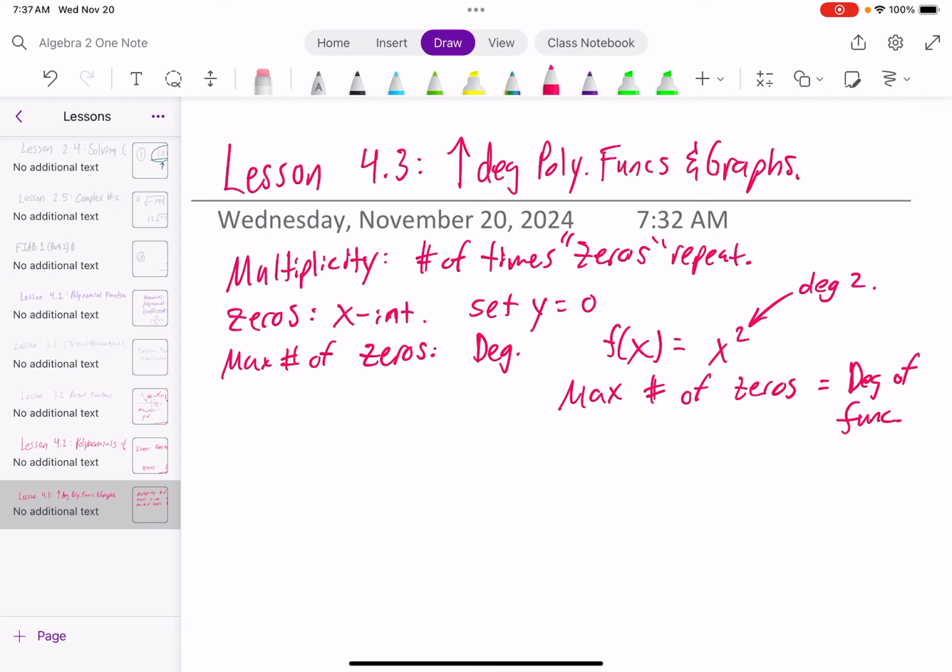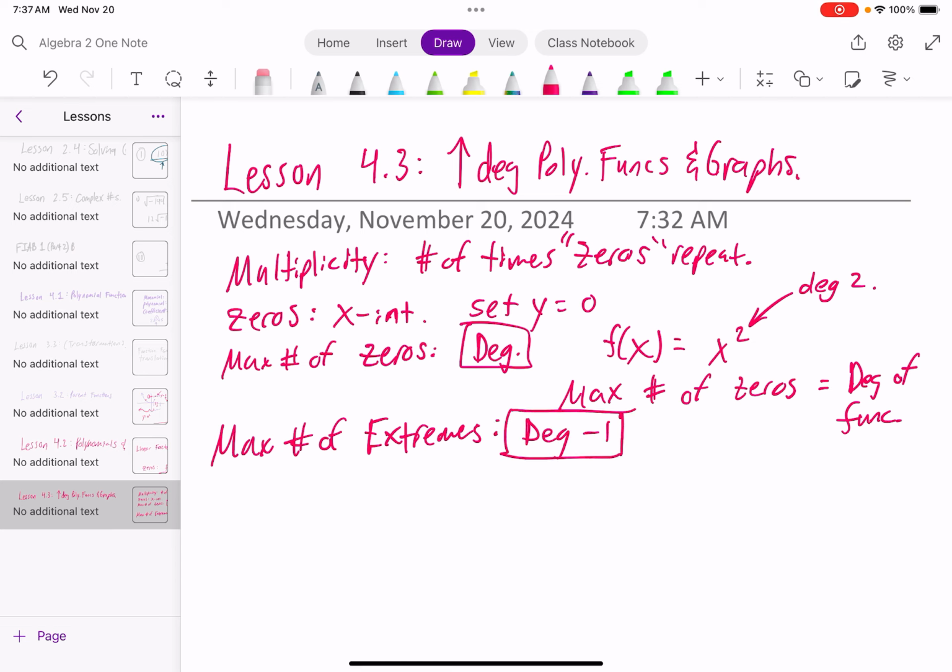I got ahead of myself. It is equal to the degree, not degree minus 1. For the next one, it is the degree minus 1, and that's for the max number of extremes. Now this is the degree minus 1.